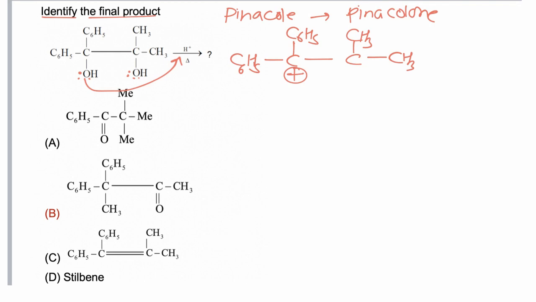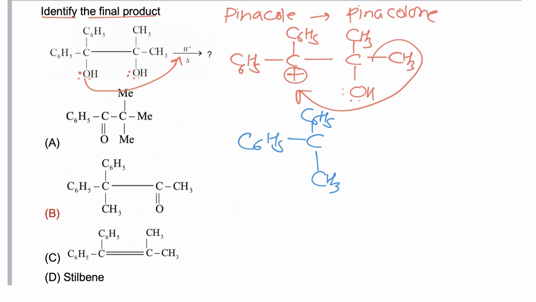Now CH3 will migrate, because after migration of CH3, the carbocation formed will be stabilized by the alpha effect of the OH group. So now CH3 will migrate, and after migration C6H5, C6H5, CH3, CH3, OH, positive charge.